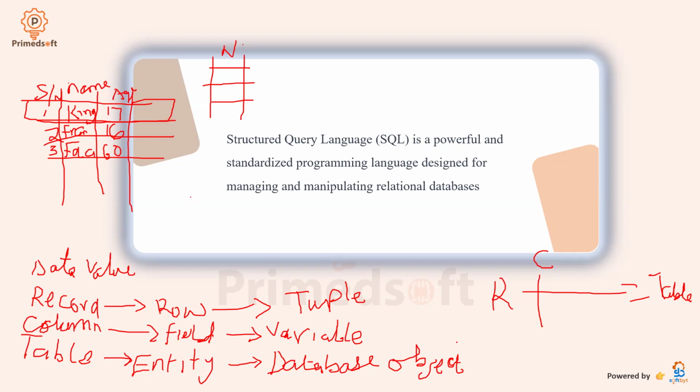And now, when you have this table of customers, and you also have another table called sales, and perhaps you have another table called products.